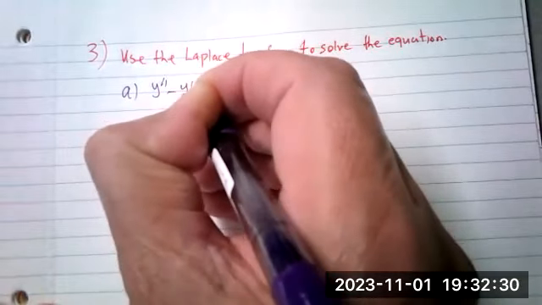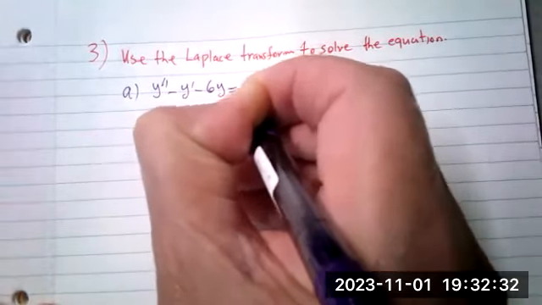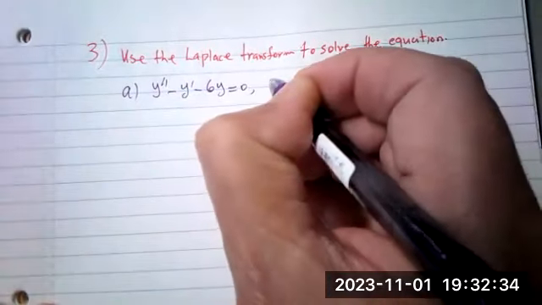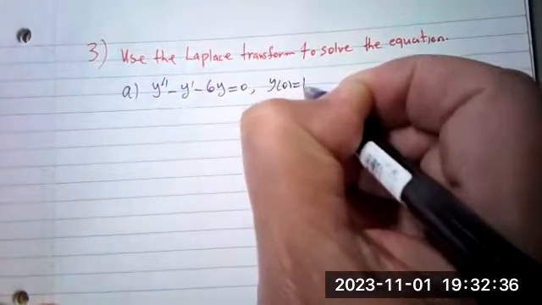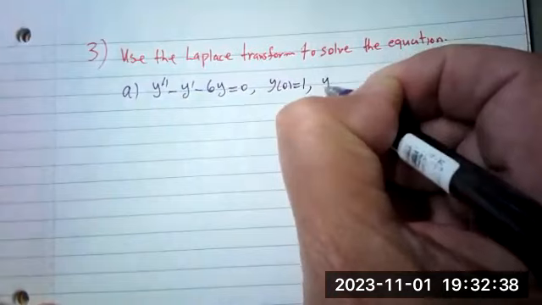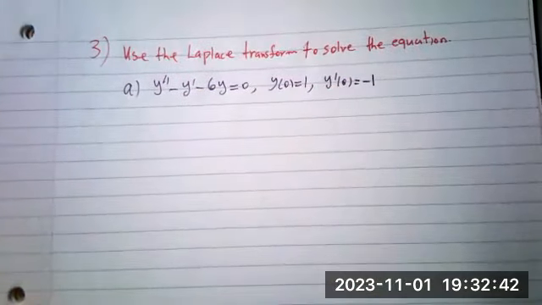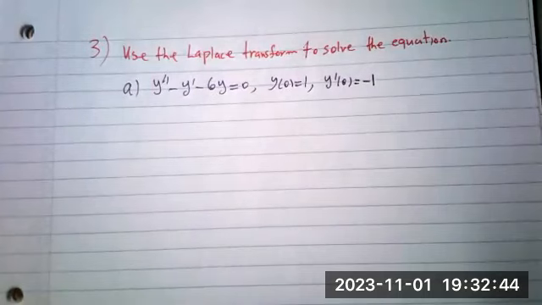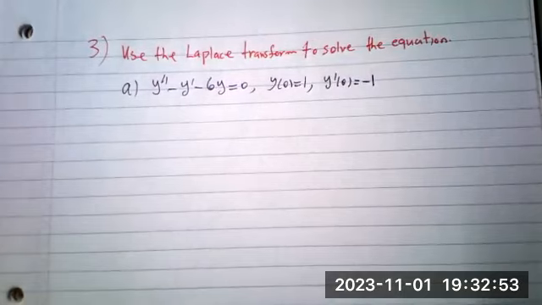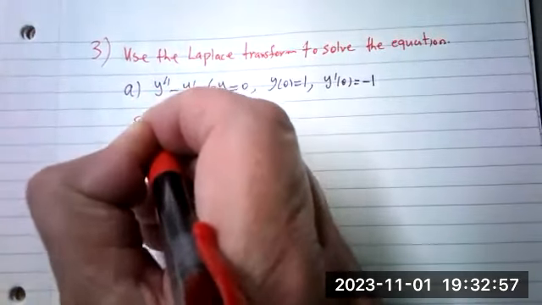Okay, y double prime minus y prime minus 6y equals 0. Initial conditions: y of 0 is 1, y prime of 0 is negative. Ordinary case, you just find the characteristic equation and you do it right away. But it's a Laplace transform. Now the way we do it, remember, we are going to call our function the solution.